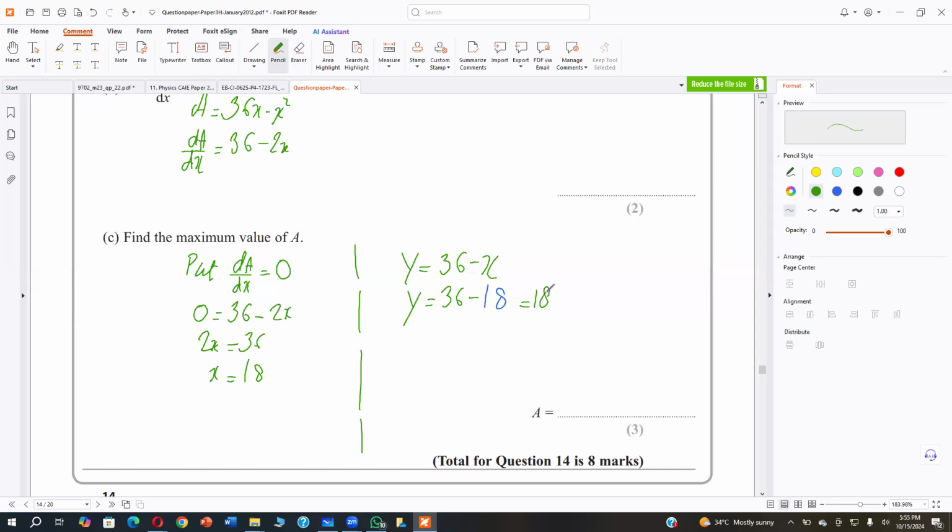So how do we find the area now? Let's see what area we get.